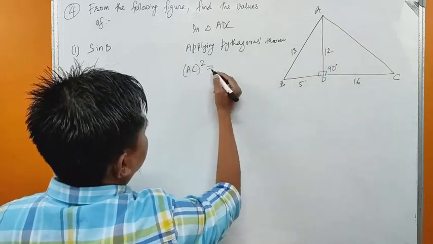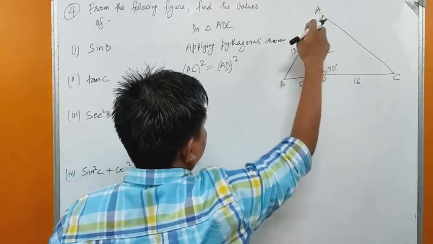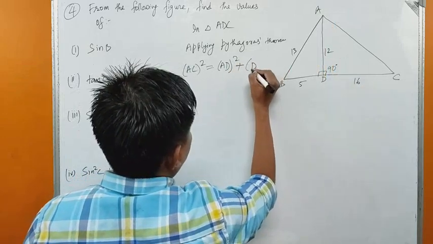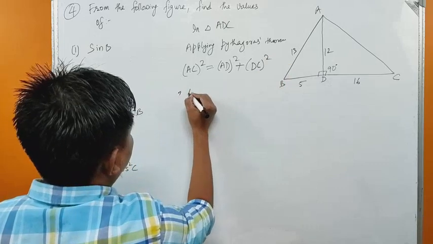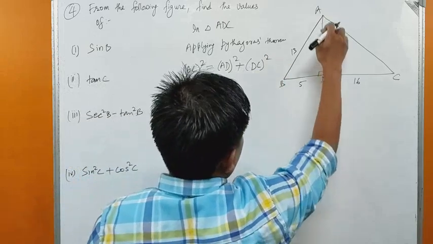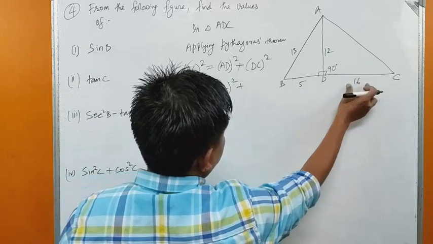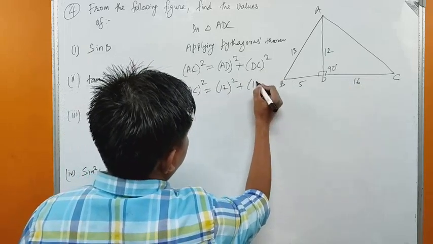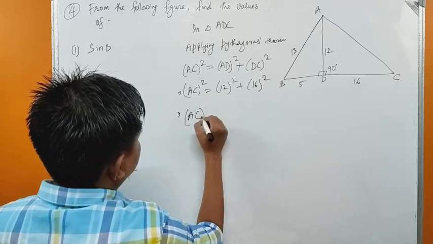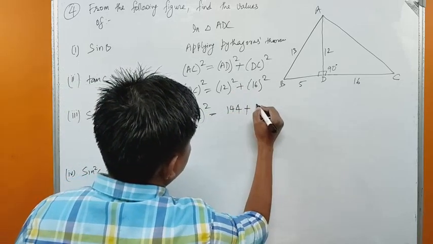AC square equals perpendicular square, that is AD square, AD is the perpendicular, plus base square, DC square, or AC squared equals, what is AD? AD is 12 squared plus, what is DC? This is 16 square, or AC squared equals 12 square is 144, plus 16 square is 256.